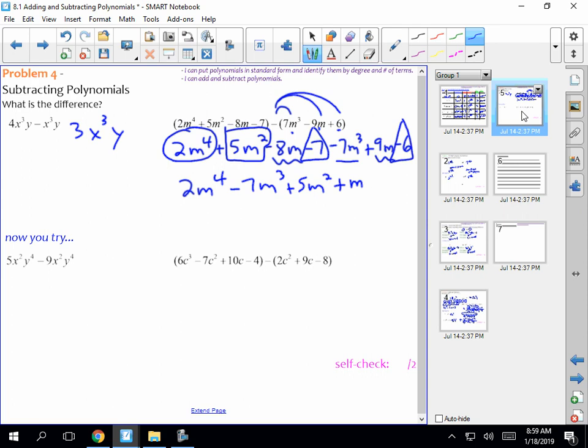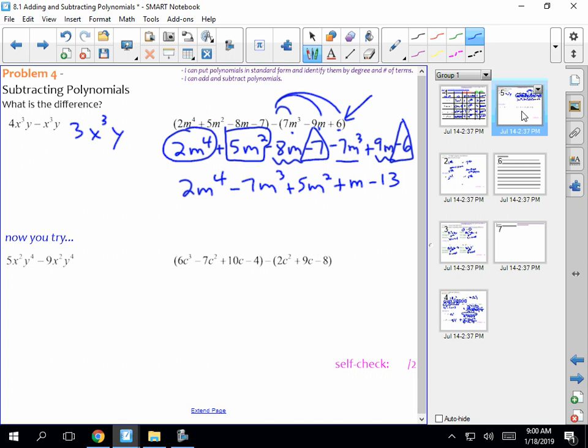Negative 7 and negative 6 is negative 13. And so you can turn subtraction into addition of negative numbers, or of the opposites, in that way. So first thing I did was to distribute or multiply this unwritten negative 1 by each of the three terms in this polynomial, and then added or combined like terms.